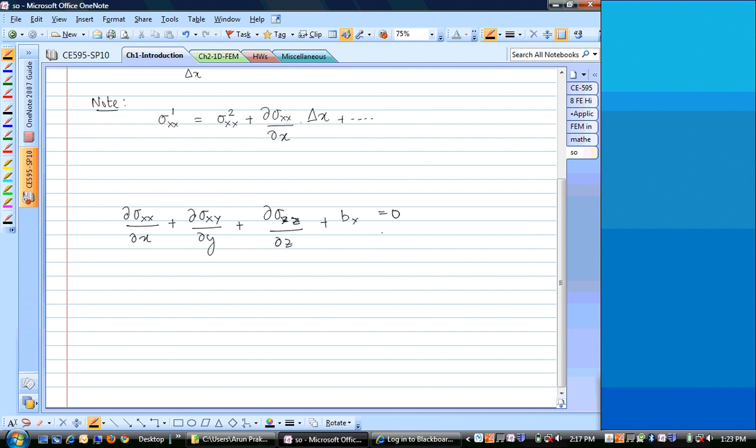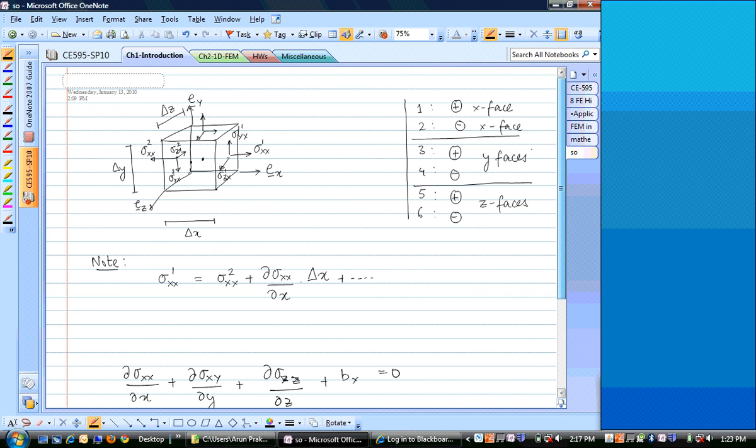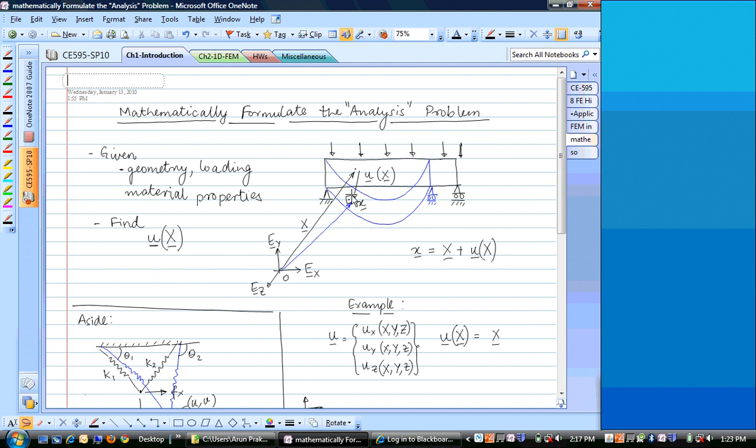Does this equation seem familiar to you? This is the equation of equilibrium in the x direction for this cube, and this cube came from this point in the deformed configuration.